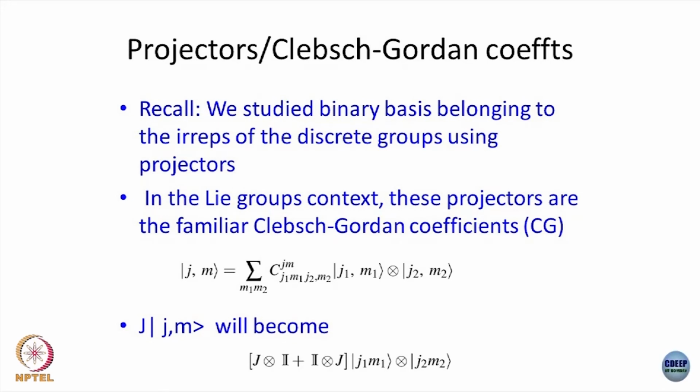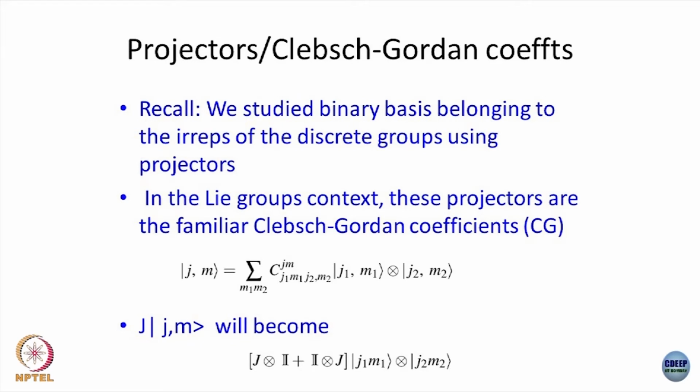Similarly, you can show the generators, which were j plus, j minus and jz, for this combined state obtained from composition of 2 primary states will involve j cross identity plus identity cross j.